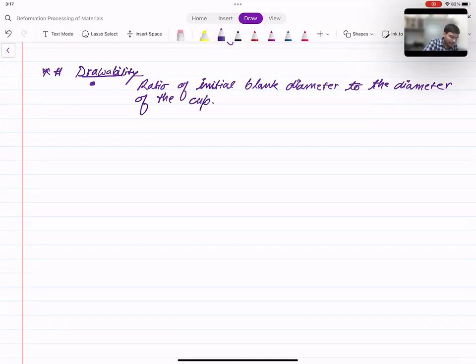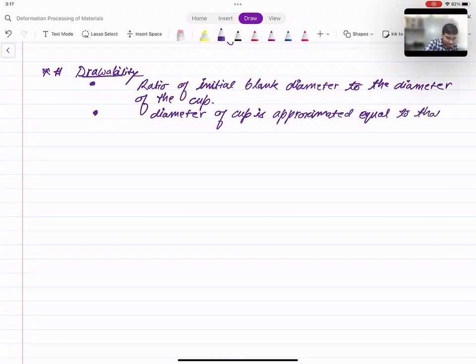And the diameter of the cup is approximated equal to that of the punch.